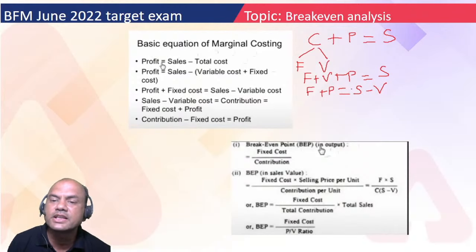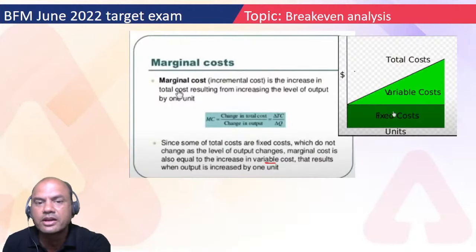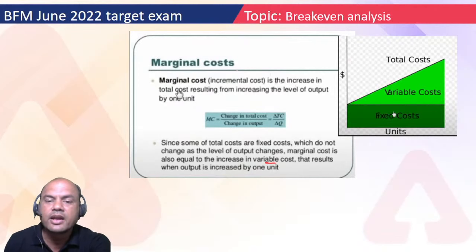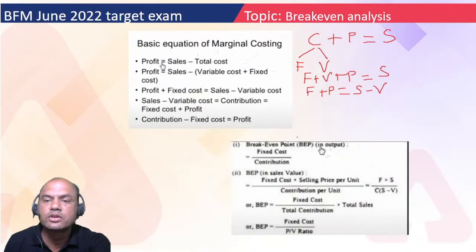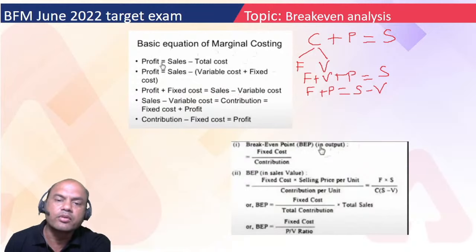So what is sales minus variable cost? Just now we saw it, marginal cost, right? It is equal to the change in the variable cost. So S minus V becomes contribution, okay? Remember this word, S minus V is contribution, because in the exam they'll ask you for contribution also, and they'll ask you for marginal cost also.